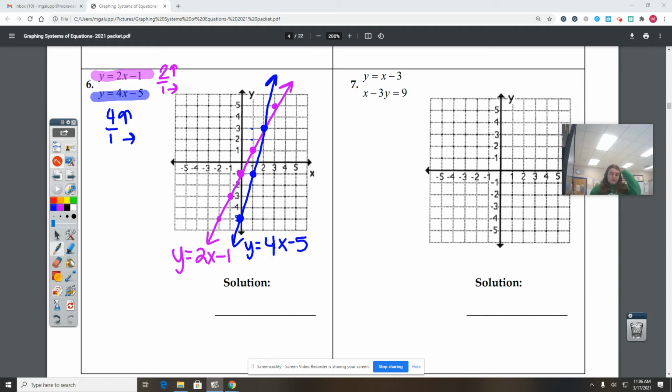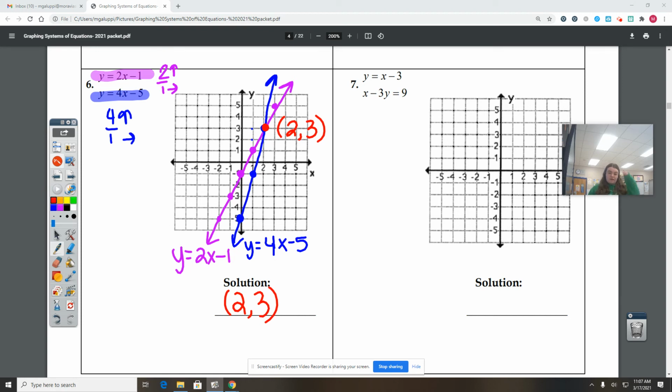So my lines are graphed and labeled. Now I just have to find the solution. So they intersect way up here, and this is the point 2, 3. So that is my solution.